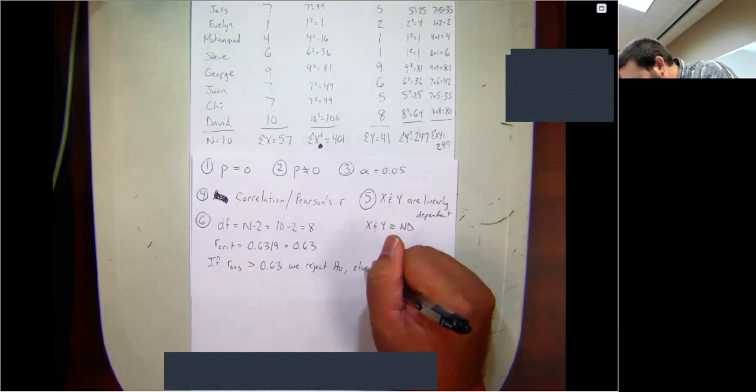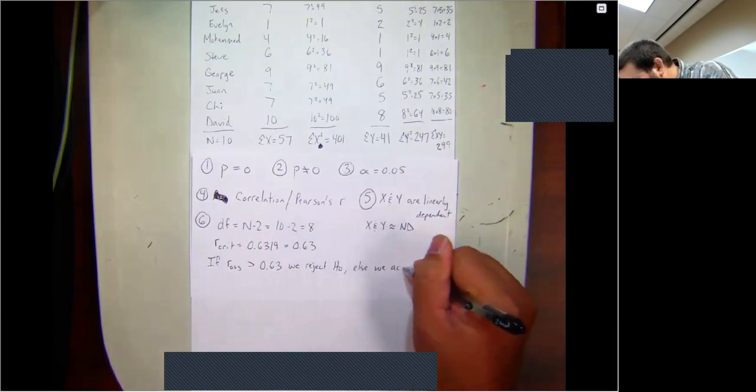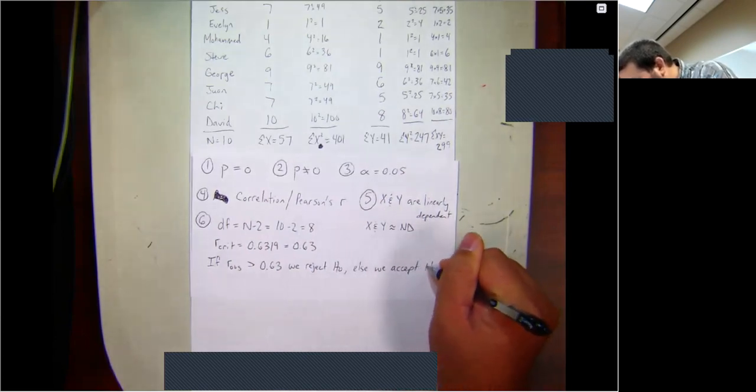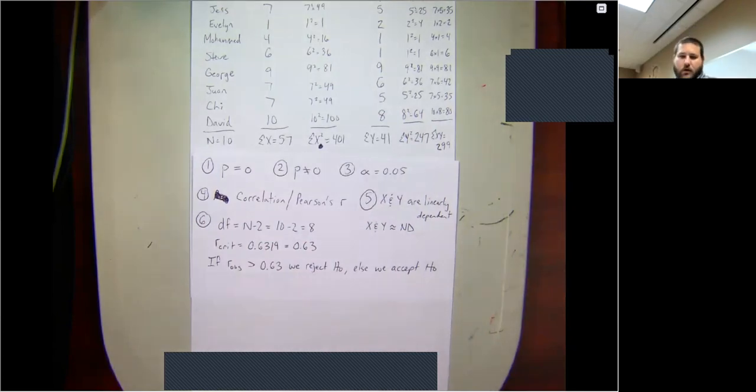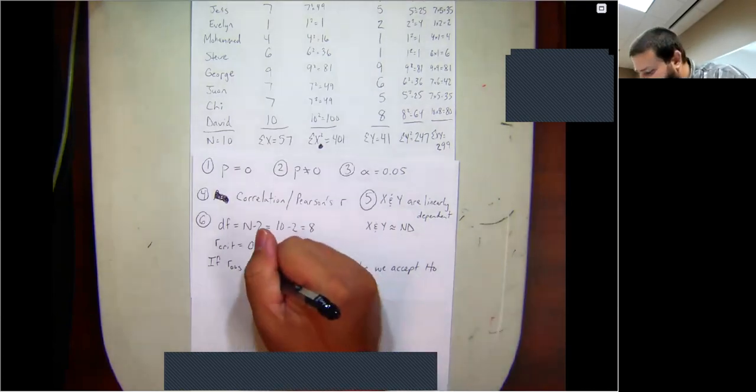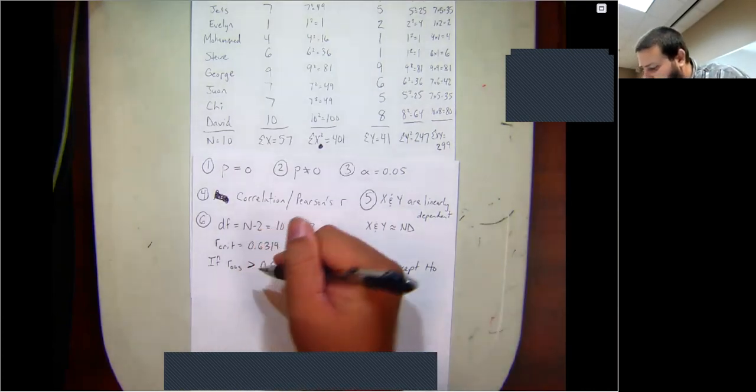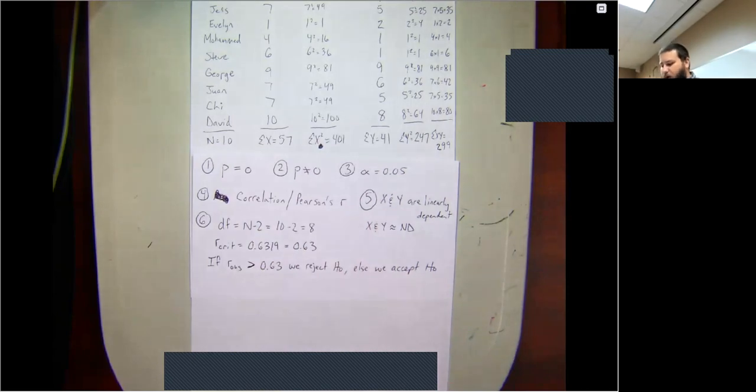Else, we accept H0. So this one's kind of like the F test. We're just replacing r. In this case, we're testing to see if r observed is greater than the critical value.